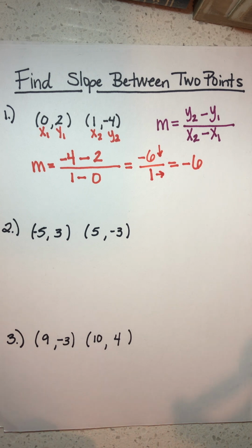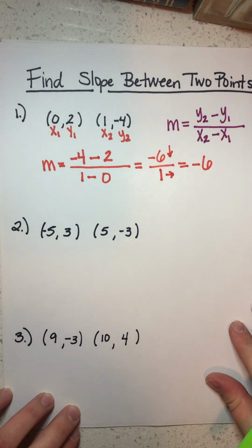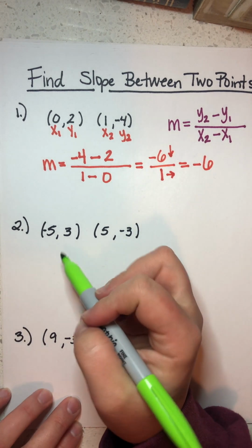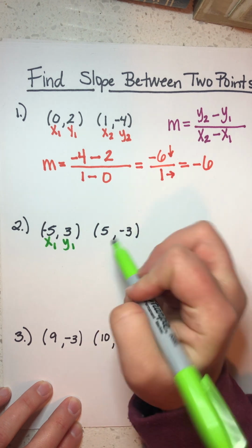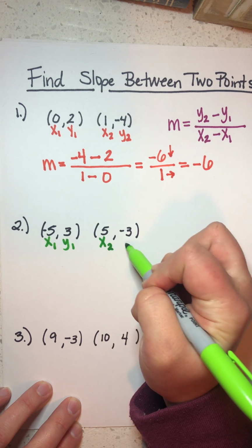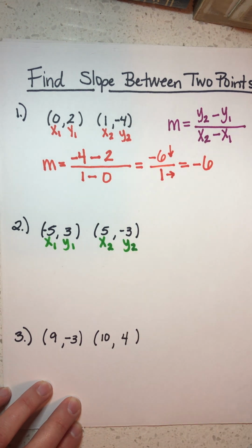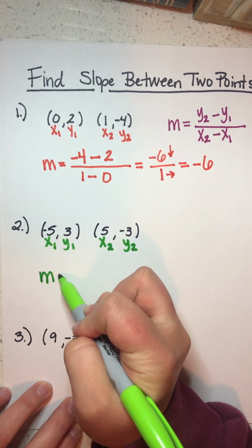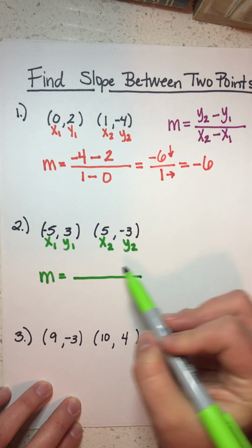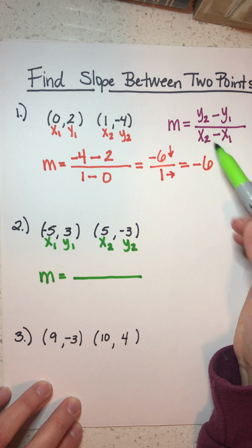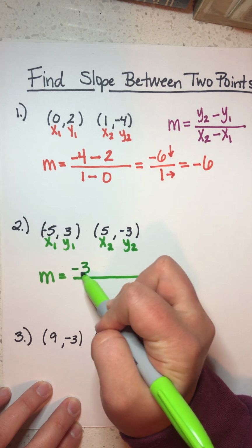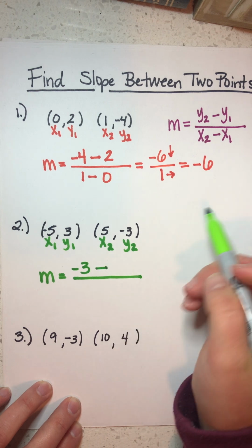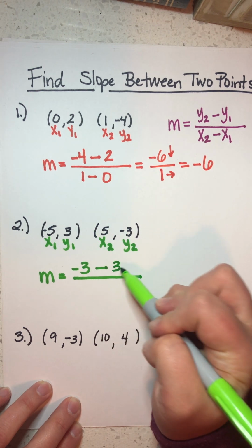See if this marker works here. All right, so we've got our x1 and our y1, and then x2, y2. So we have m equals, and we're still using the same slope formula. y2 is -3, and then subtracting y1 is 3.